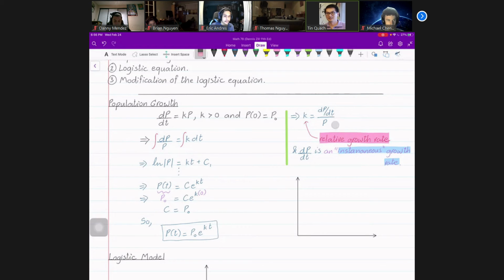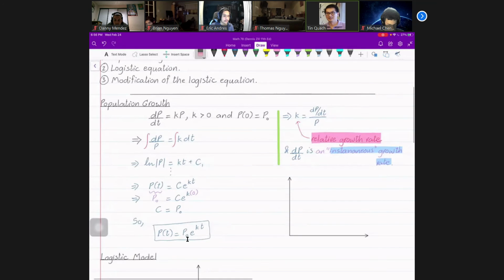Do you understand that? For example, if the population is 100, then the rate of growth is going to be a certain number. If the population is 1 million, then the rate of growth is going to be a certain number. And k is the number that helps us determine how fast the population is growing for each population size.